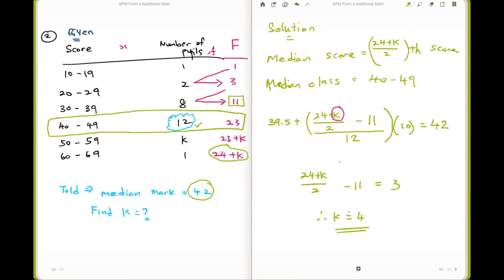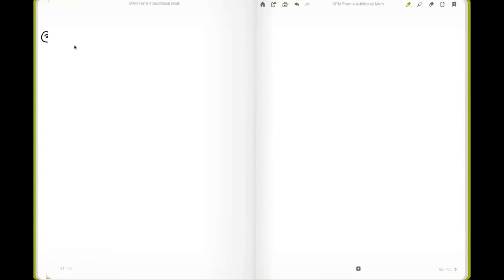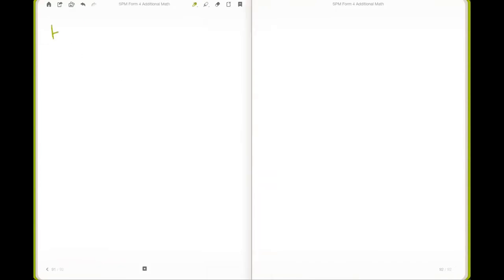Now if you know k equals 4, the next part of the question would be, you are asked to draw a histogram for this set of data. Okay, histogram.